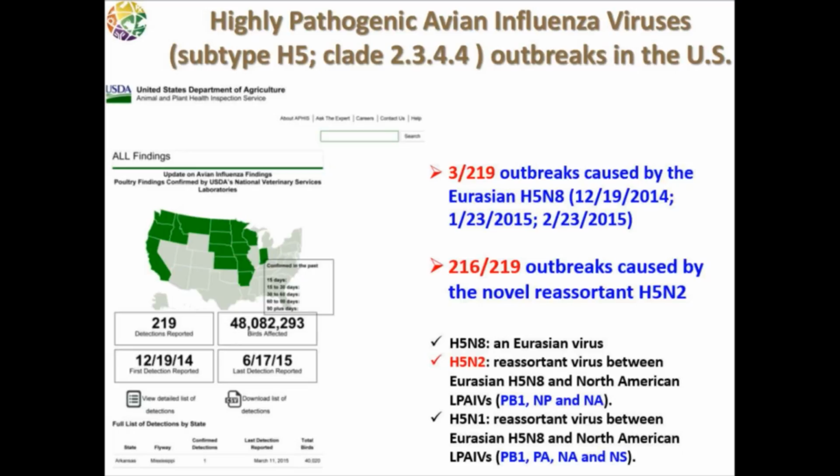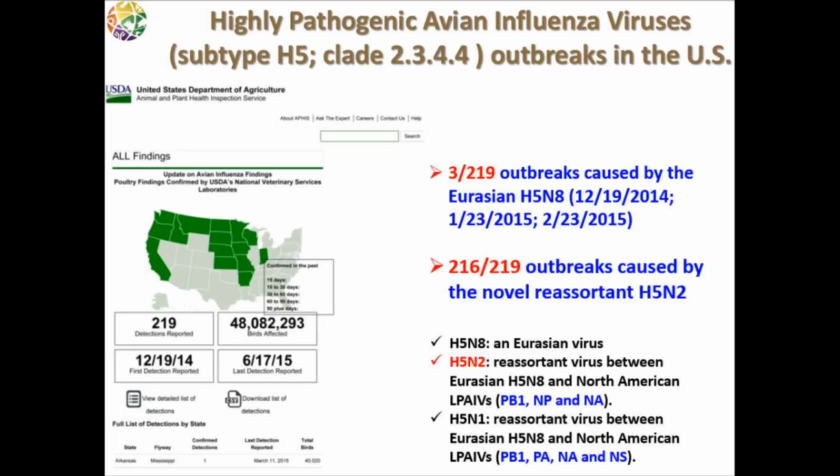It was caused by a Eurasian H5N8 isolate, first detected in December 2014, which then recombined and reassorted with circulating low pathogenic avian influenza strains, resulting in an H5N2 variant, and then another variant detected during this outbreak, H5N1.